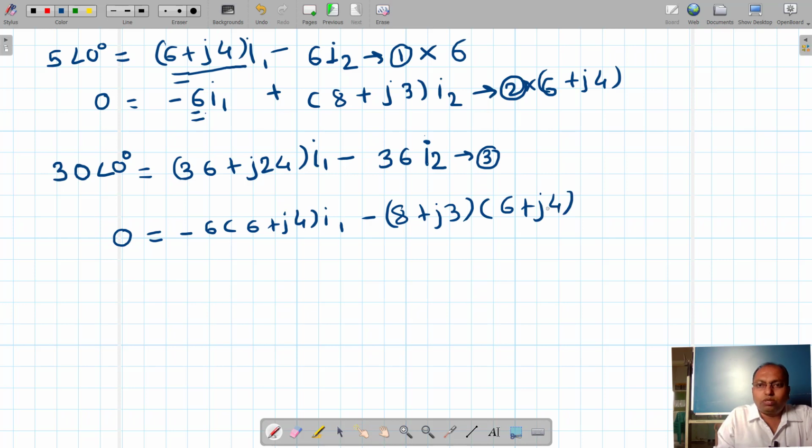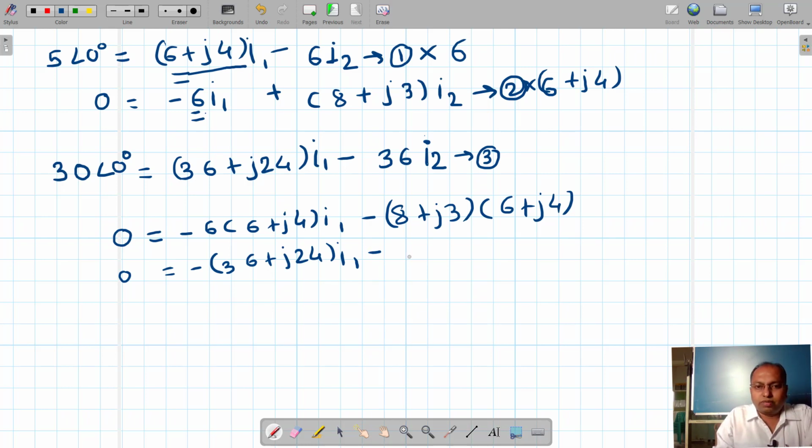Now we need to expand this bracket. So 0 is equal to minus of, let the minus be outside of this bracket so that we can cancel out the bracket totally. 6 times 6 is 36 plus j24 I1. So I hope we have got the I1 values the same.